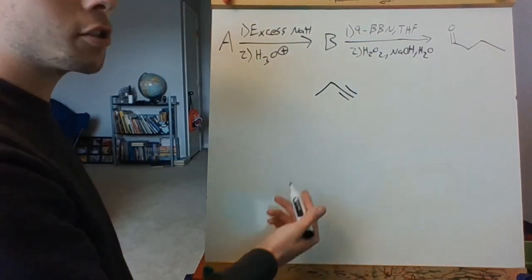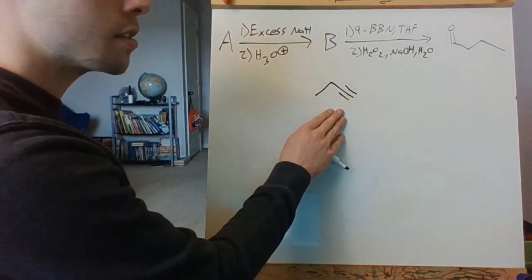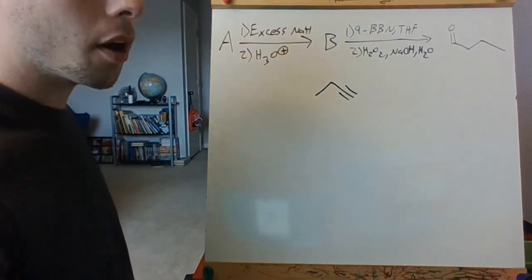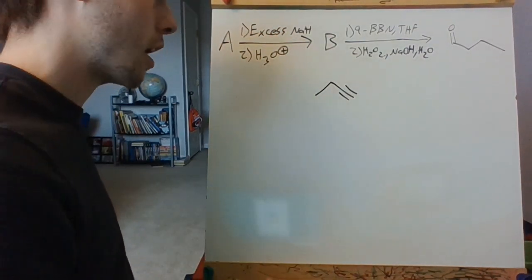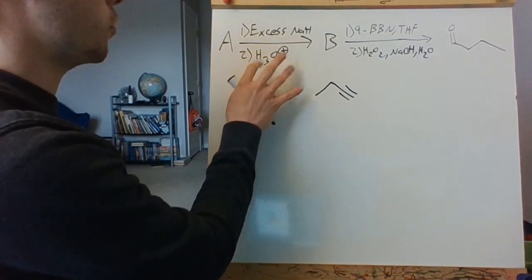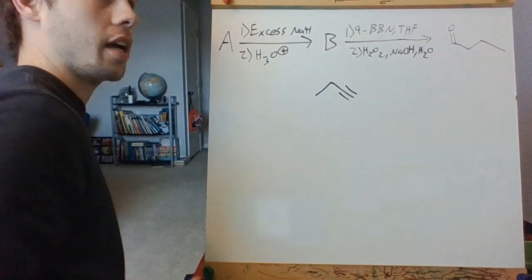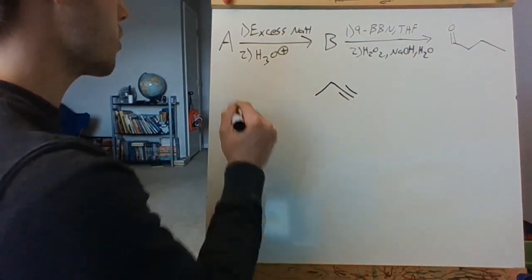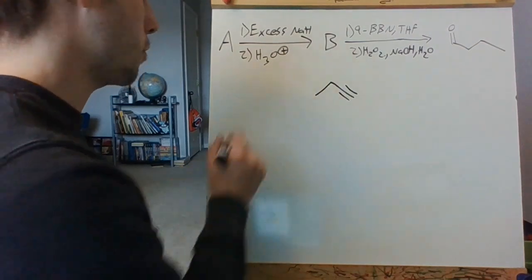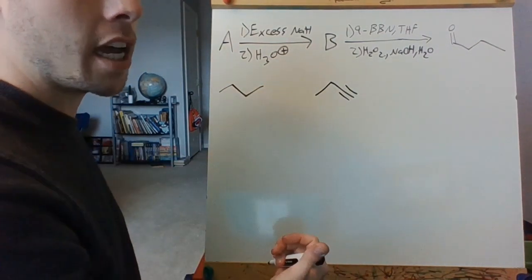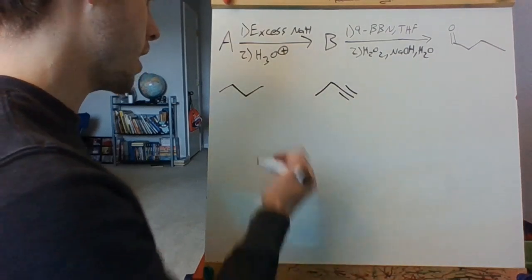We know that elimination reactions can make pi bonds, and we know if we have excess, we're probably doing more than one elimination reaction. We also see that we have an acid workup step, and so this would be consistent with forming a terminal alkyne. How do we form terminal alkynes? Using excess sodium hydride. We typically do that using either vicinal dihalides or geminal dihalides.